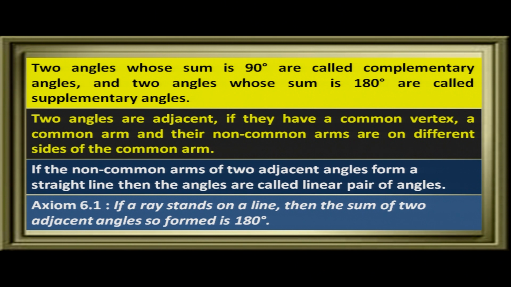So, we have studied up to this. Now, you read the last statement again. If a ray stands on a line, then the sum of two adjacent angles so formed is 180 degree. What is the converse of this statement?